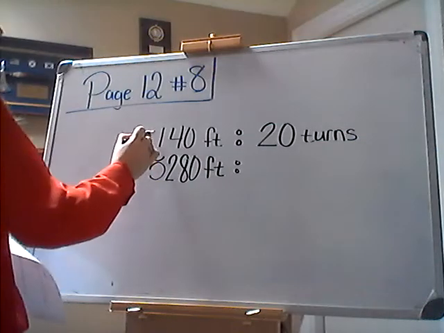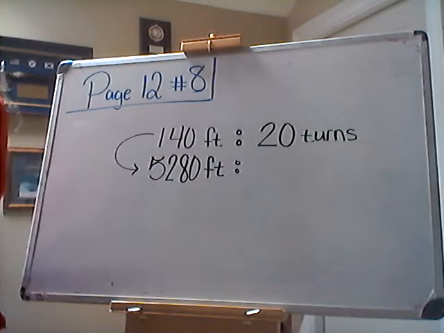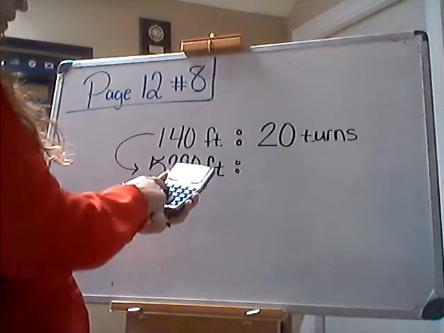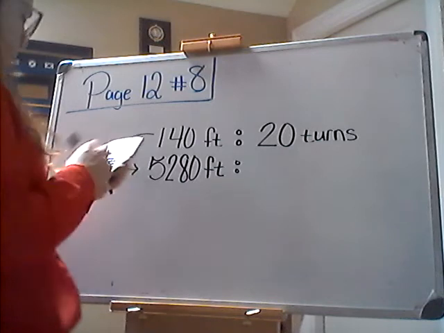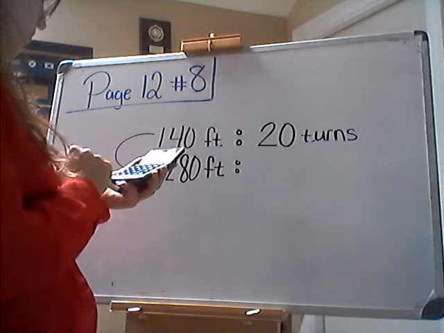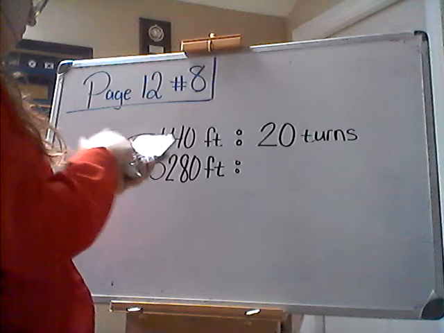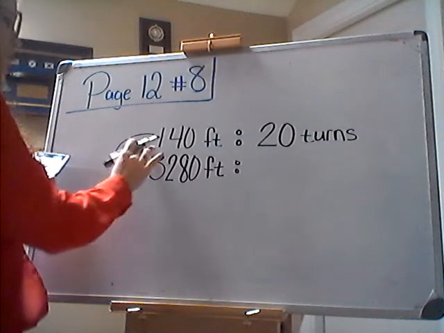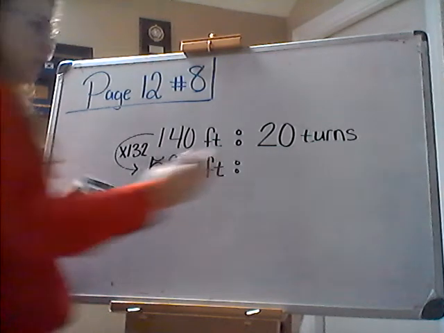So all we have to do is figure out how many times we have to multiply 140 by to get 5,280. 5,280 divided by 140. That is not pretty. Oh, let's try that again. All right, it is pretty. It's 132. So 140 times 132 equals 5,280.